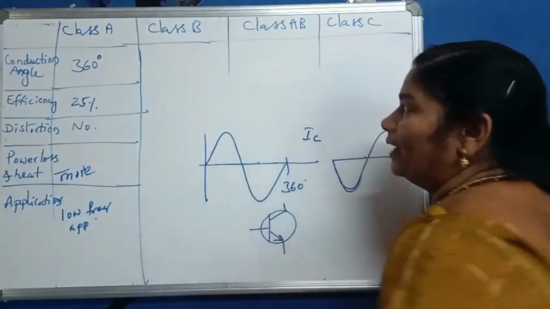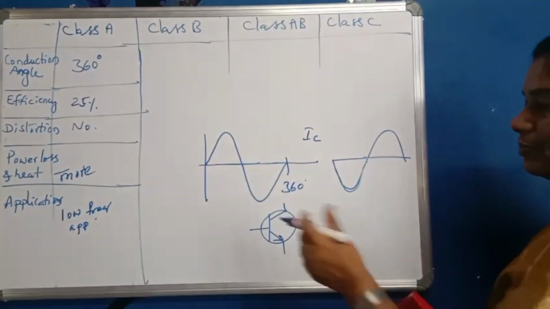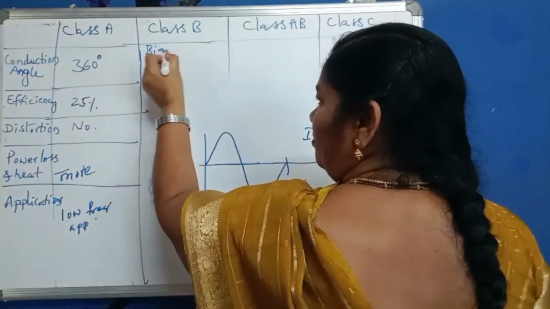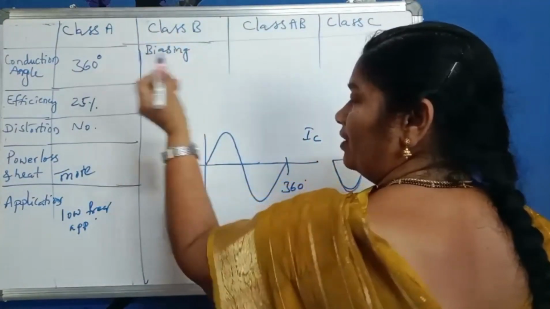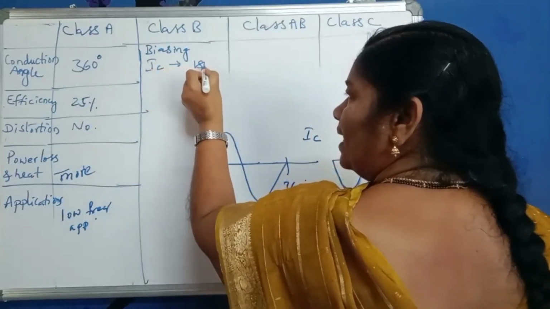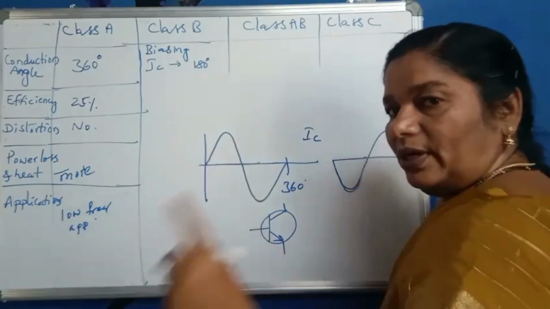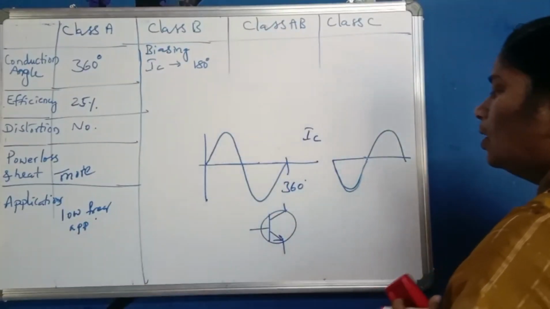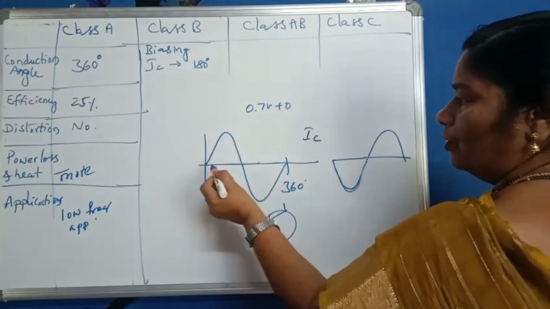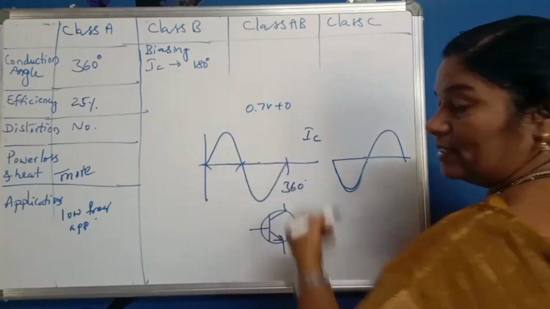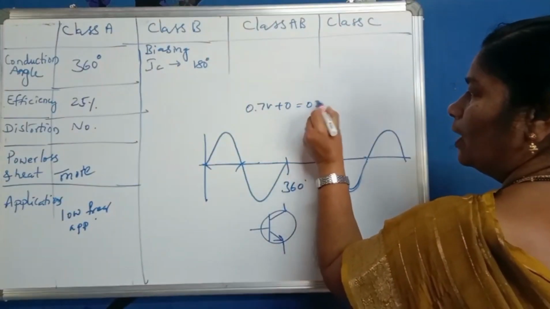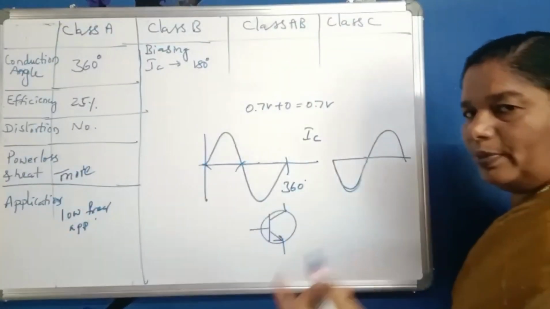And then when you take class B, the biasing is selected in such a way that the collector current IC flows for exactly 180 degrees of the input supply. Here we said that 0.7 volts plus 0, both the points are 0, then 0.7 volts plus 0 is equal to 0.7 volts, so the biasing voltage should be 0.7 volts.